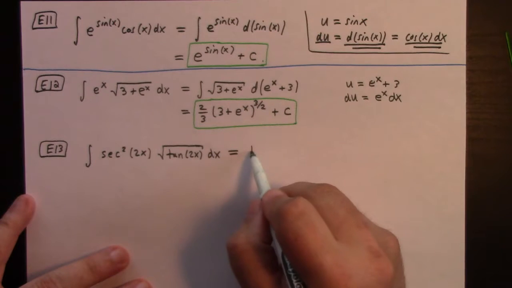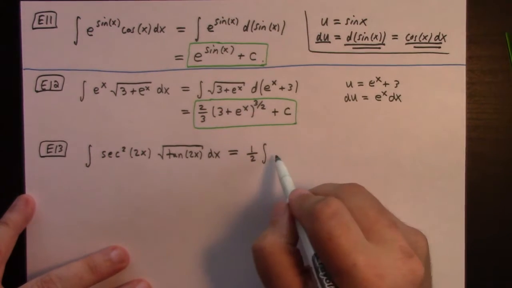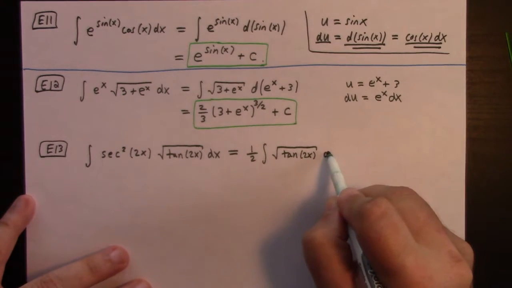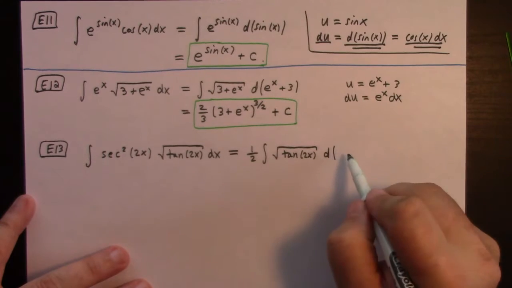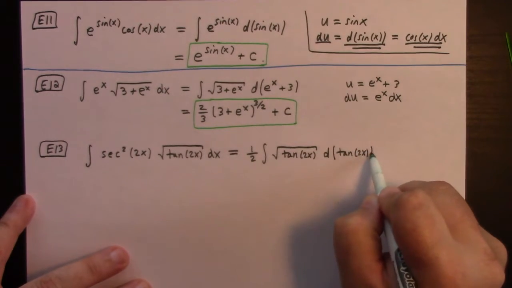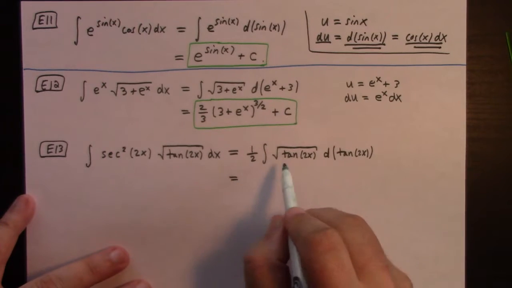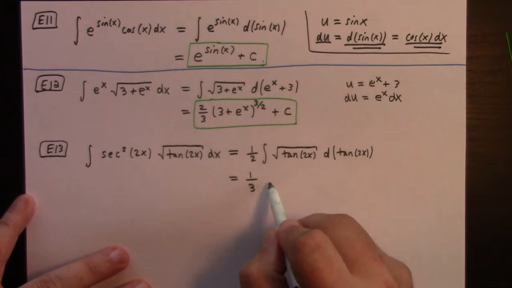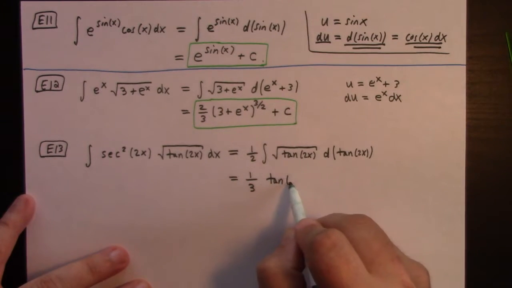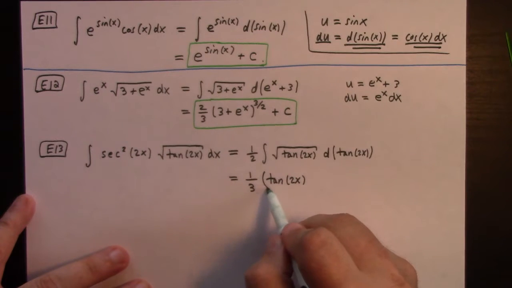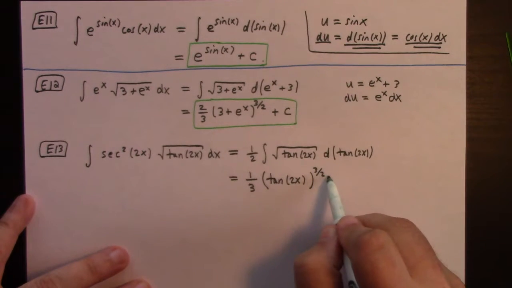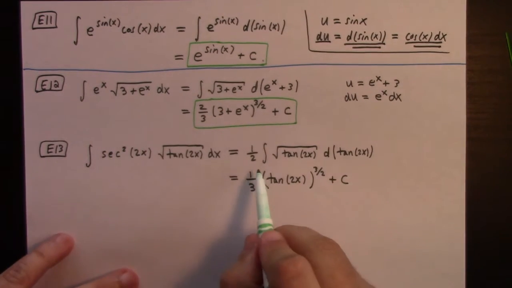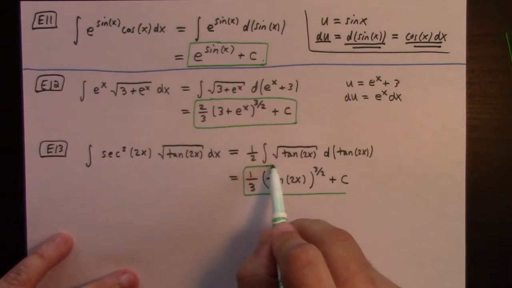This is really 1/2 the integral of the square root of the tangent of 2x times the differential of tangent 2x. So that is 1/3, because the 2 and the 2/3 cancel. 1/3 tangent 2x, parentheses, 3/2 power plus a constant, bam. Sorry, I added a bam for good measure.